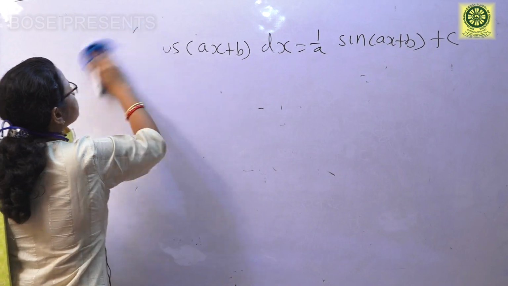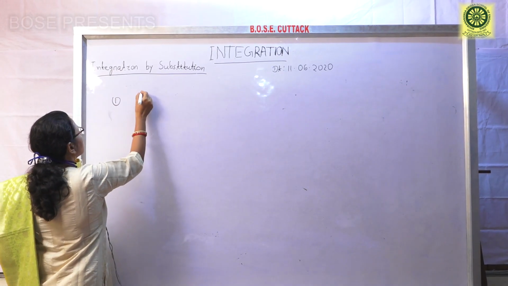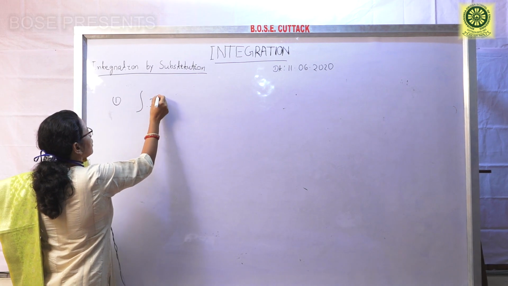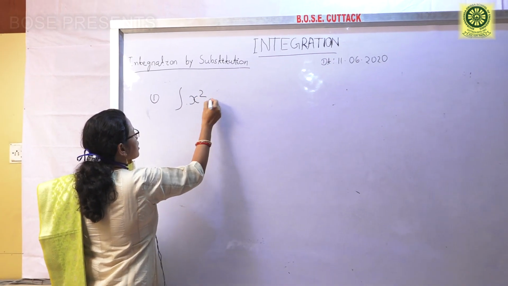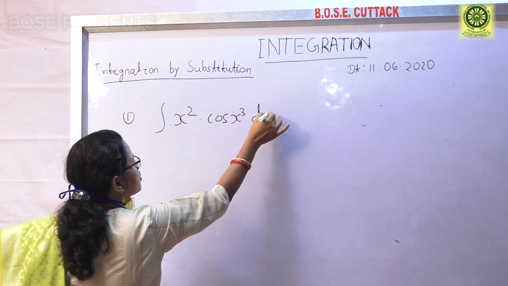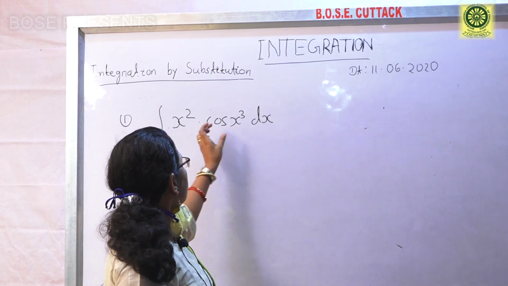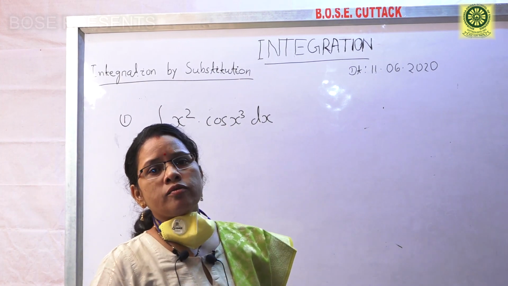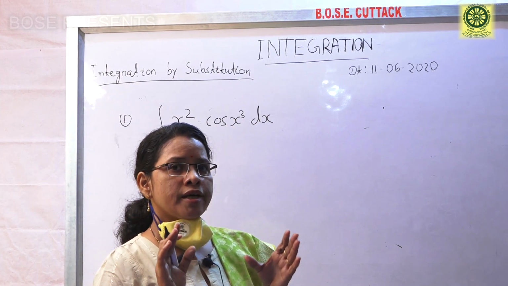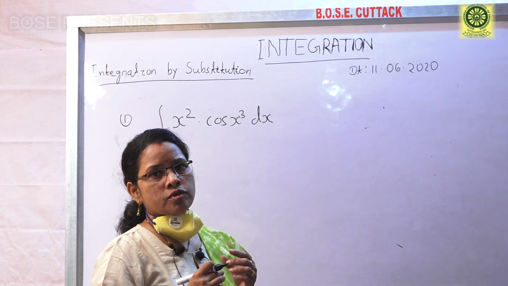The first problem is the integral of x² cos(x³) with respect to x. Actually, there is no fixed method to know the substitution.